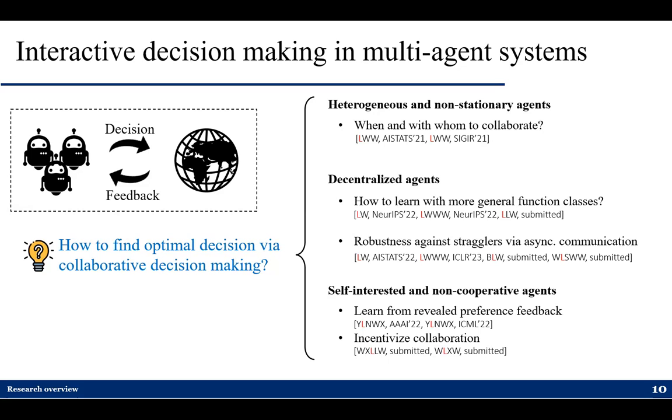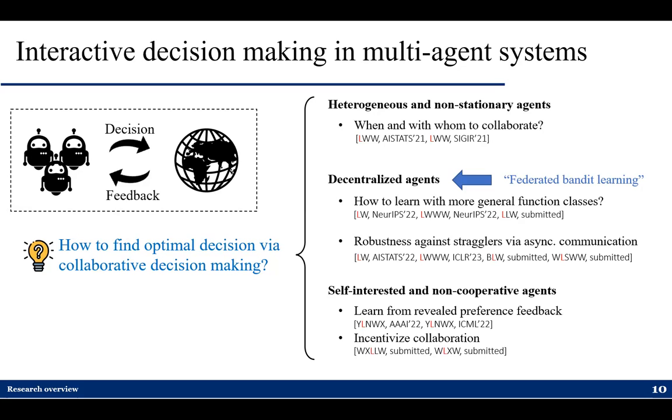They won't just collaborate when the system designer asks them to, because they have some private agenda. They will only agree to collaborate when they find that collaboration actually helps them. So in this case, the focus in this line of research is to design such incentive mechanism to enable the collaboration.